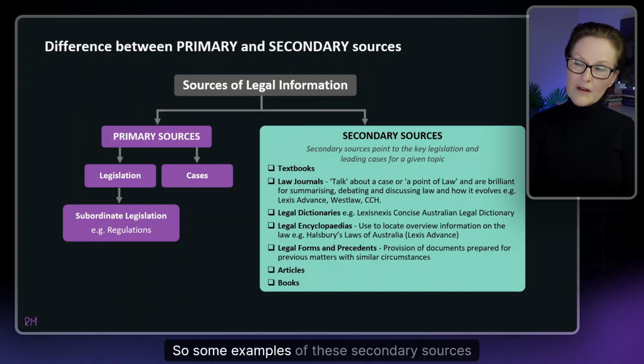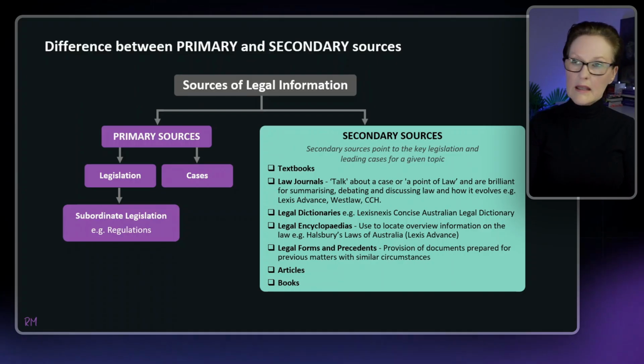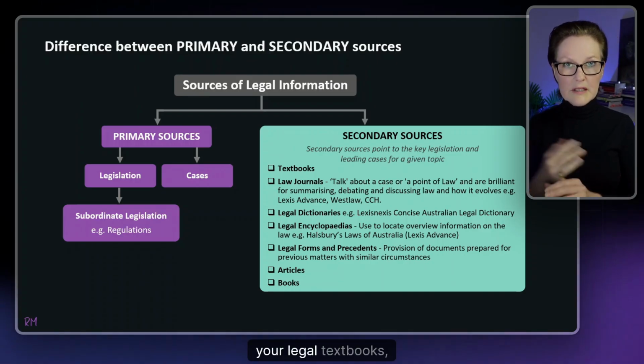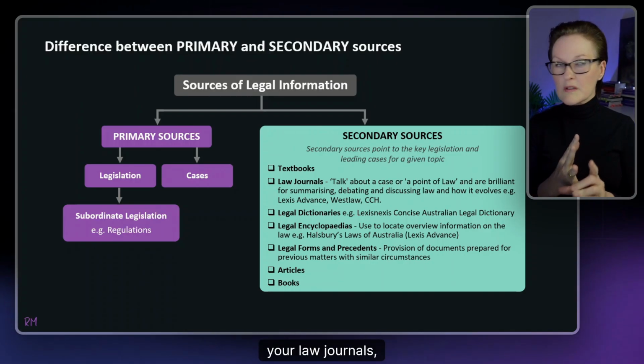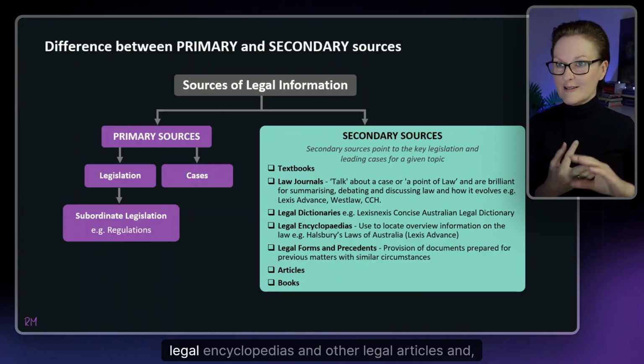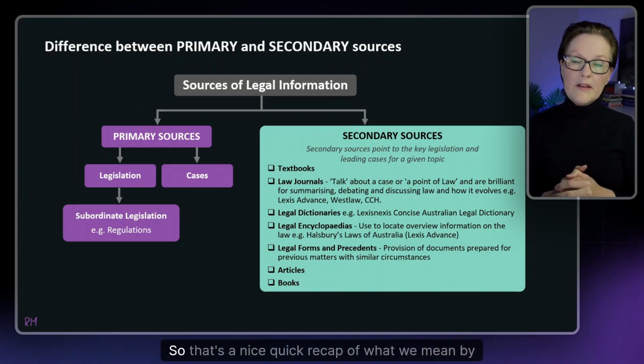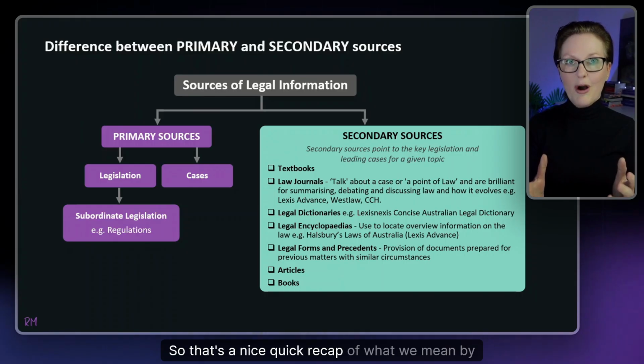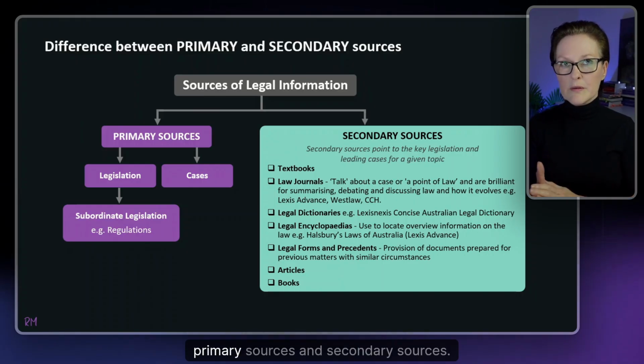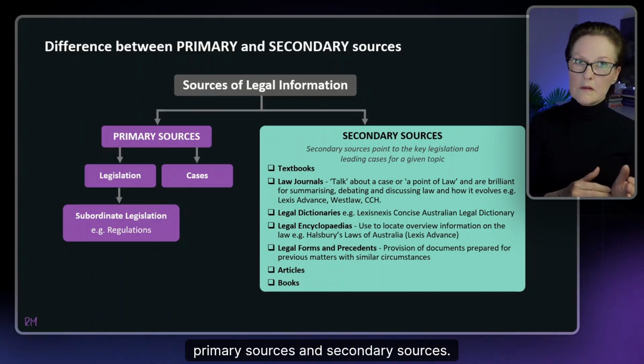Some examples of these secondary sources can include, of course, your legal textbooks, your law journals, legal dictionaries, legal encyclopedias, and other legal articles and books. So that's a nice quick recap of what we mean by primary sources and secondary sources.